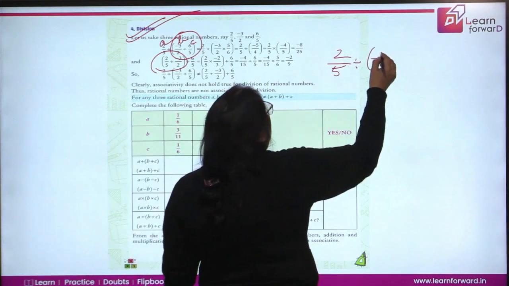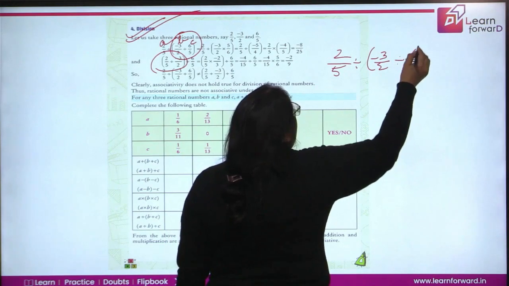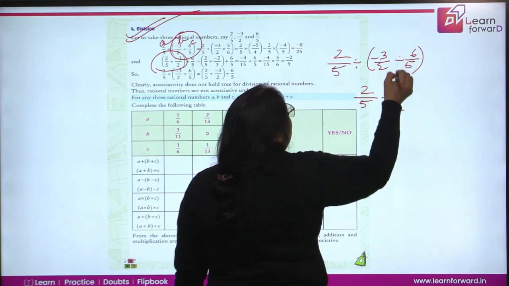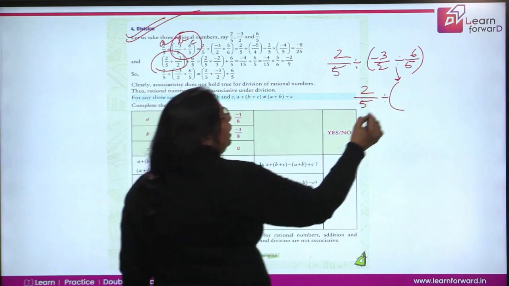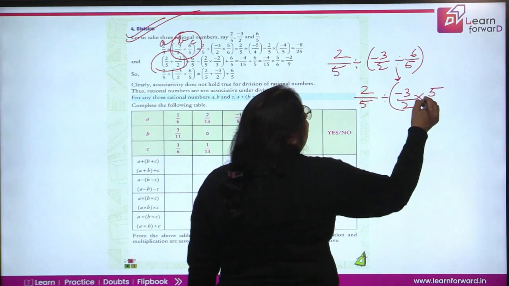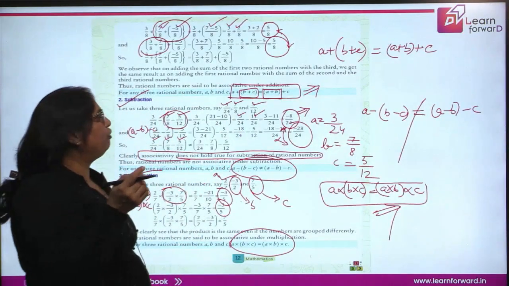Minus 3 upon 2 divided by 6 upon 5. This is equal to 2 upon 5 divided by, I am taking this first of all, minus 3 upon 2 divided by 6 upon 5. We have to solve the terms within the bracket first of all.